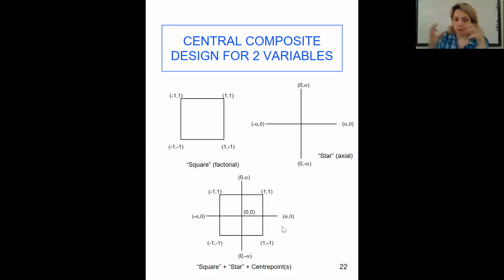And then we combine them with the center points. So we call it central composite design for 2 variables. And you can see that one thing written here is alpha, which is new, and we need to find how to calculate it.